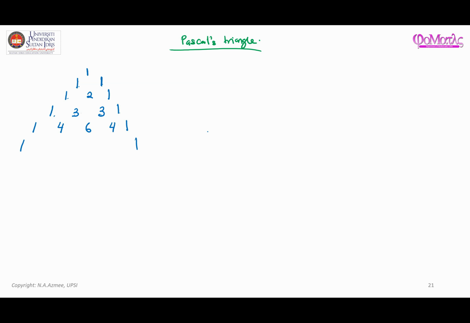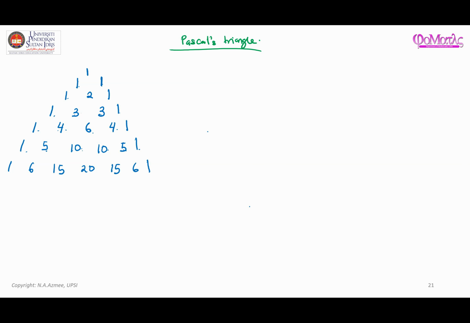Then 1 and 1. 1 plus 4, 5. 4 plus 6, 10. 6 plus 4, 10. 4 plus 1, 5. We can go on and on. 1 plus 5, 6; 5 plus 10, 15; 10 plus 10, 20; 10 plus 5, 15; 5 plus 1, 6.